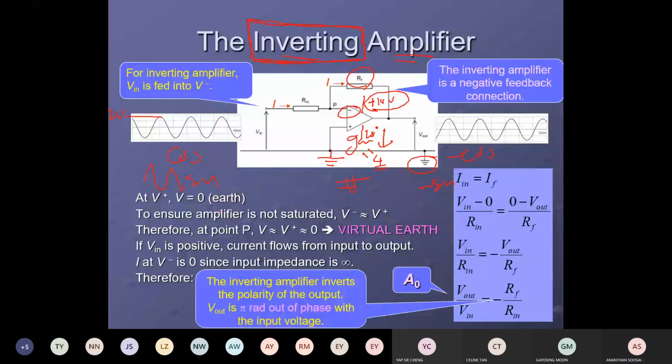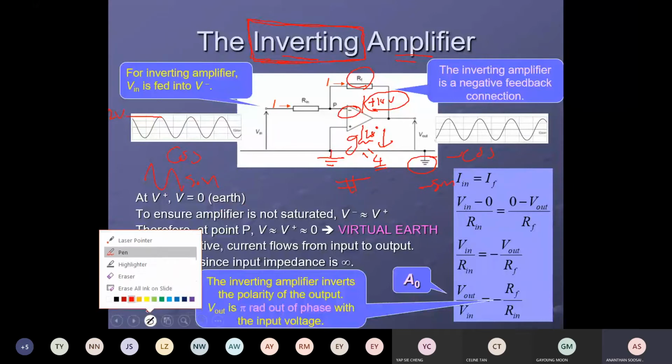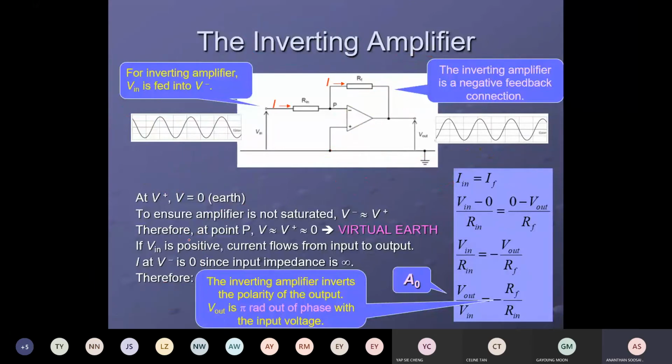Okay, class. Now let's discuss the important one. You need to know this derivation. You have to know these derivations to get the gain formula for the inverting amplifier. The gain formula for a comparator is 10 to the power of 5, fixed, never changes.